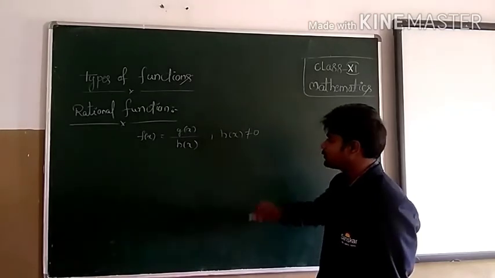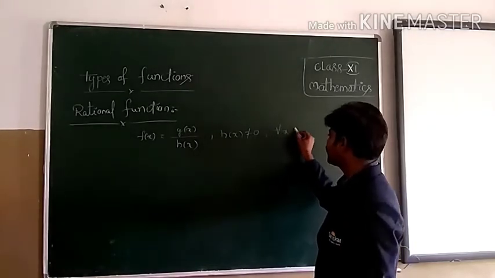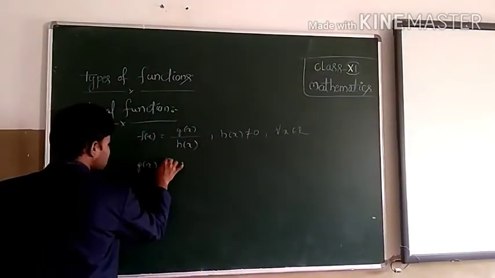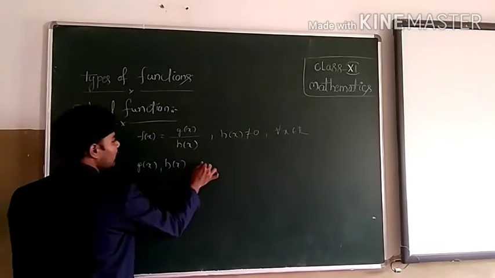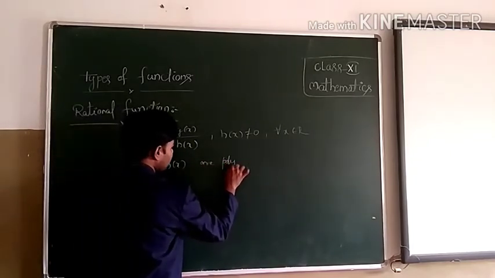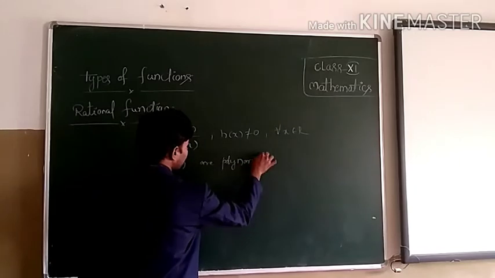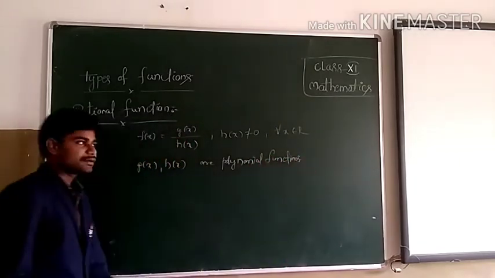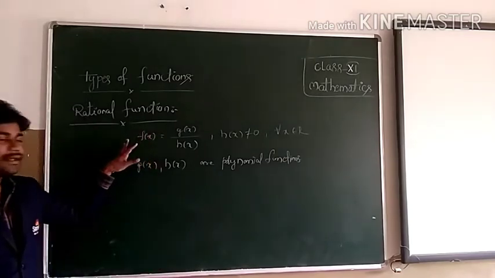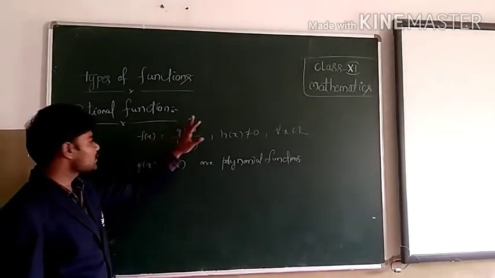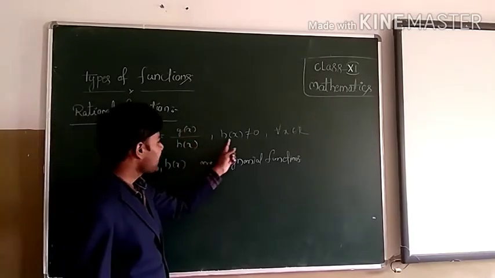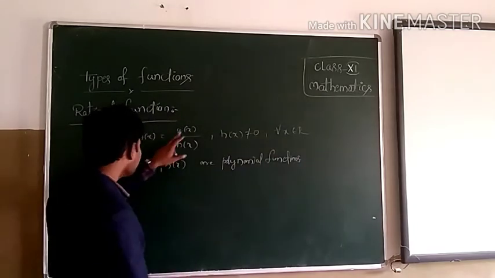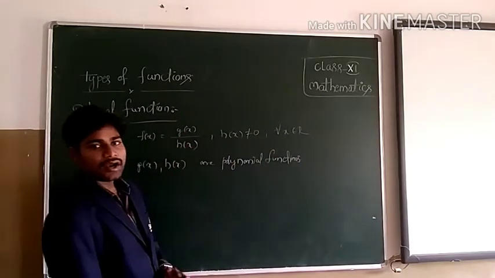So that's why h of x is not equal to 0, and for all x belongs to R, where g of x and h of x are two polynomials or polynomial functions. Clear? The definition of a rational function is a function defined as f of x is equal to g of x by h of x, where h of x is not equal to 0 and for all x belongs to R. Here g of x and h of x are polynomial functions.